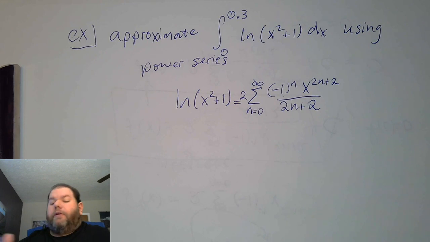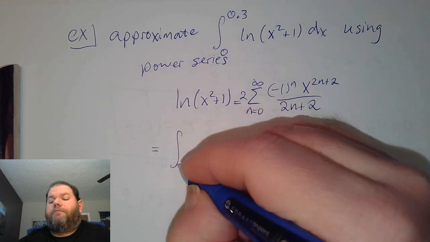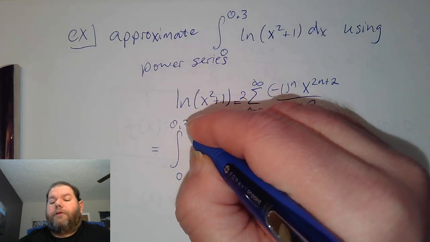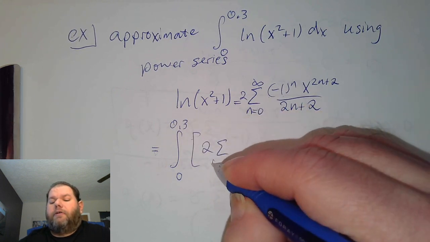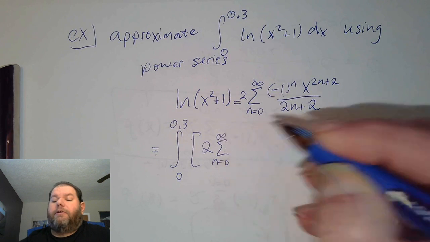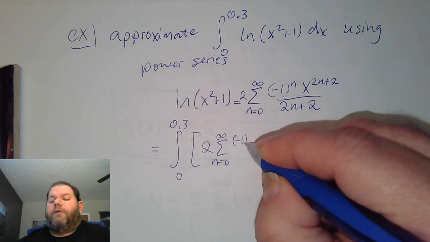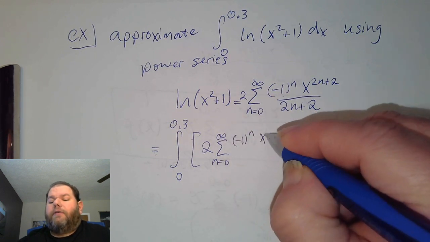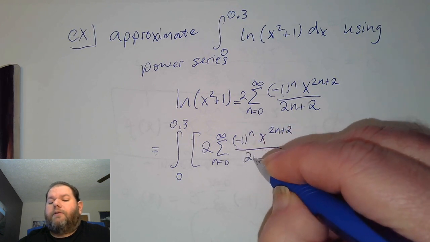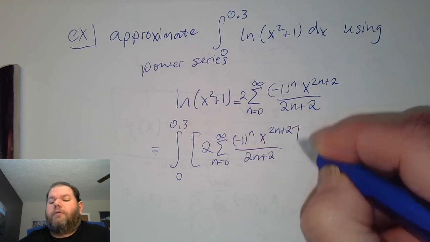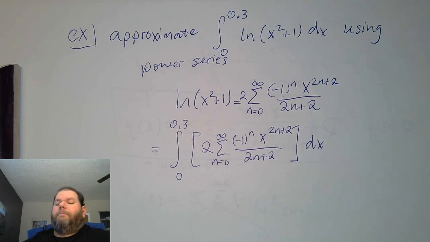Okay, so that means we want the integral from 0 to 0.3 of the power series n equals 0 to infinity, negative 1 to the n, x to the 2n plus 2 over 2n plus 2 dx.